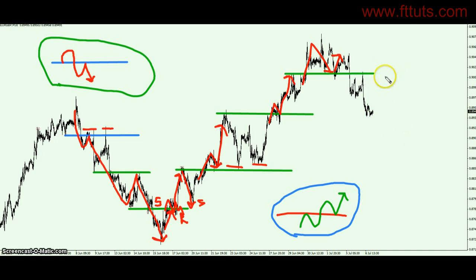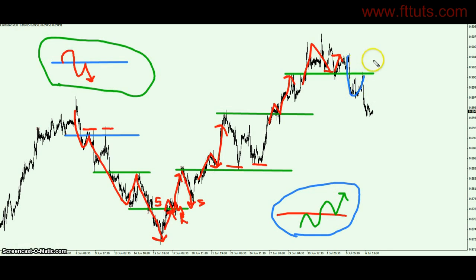And then if we look again, what's taking place up here is that the support level is breached and we have a retest. Support becomes resistance. I should change the color of that so it becomes a bit more visible. There you go.